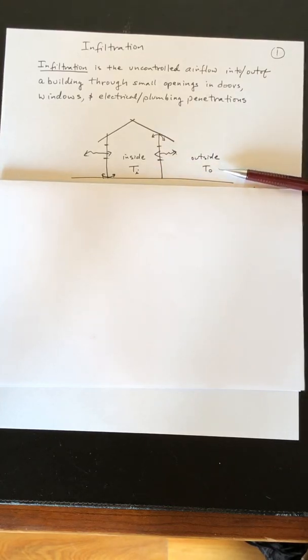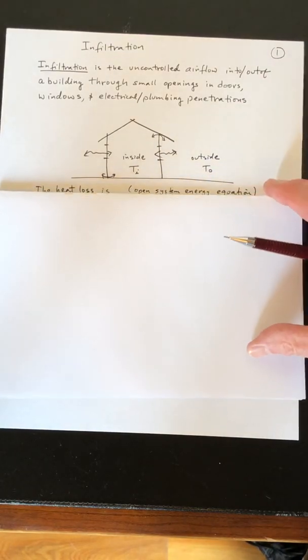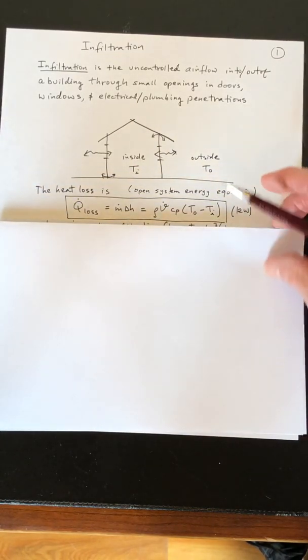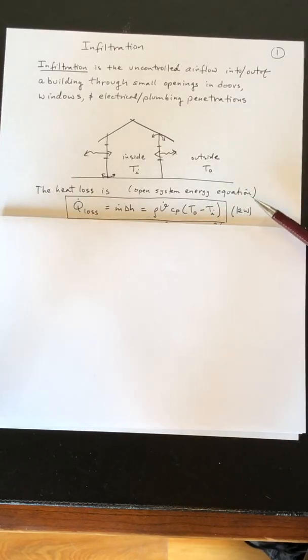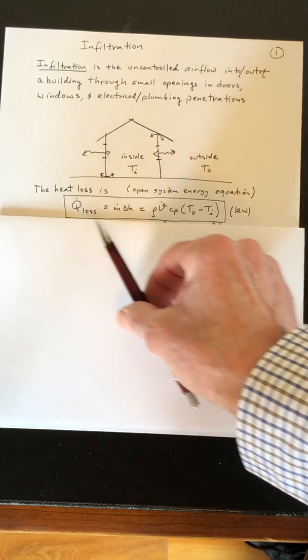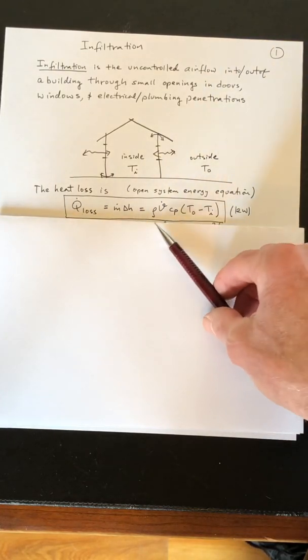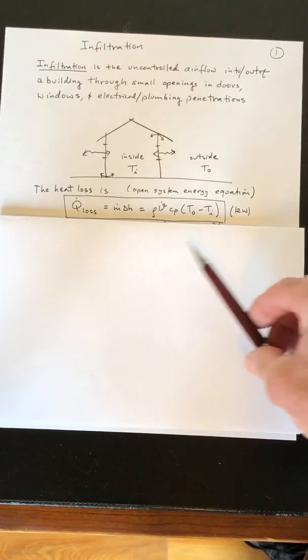So this is just a schematic of a building. Outside temperature T0, inside temperature T sub I, and the squiggly lines are the airflow. Now, if we use the open system energy equation, where the heat loss is equal to the flow rate of air times its enthalpy difference, then we can actually write it in terms of temperature.